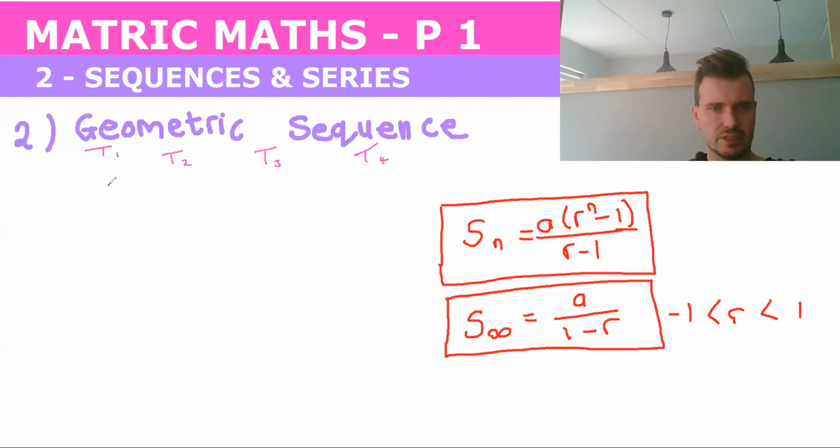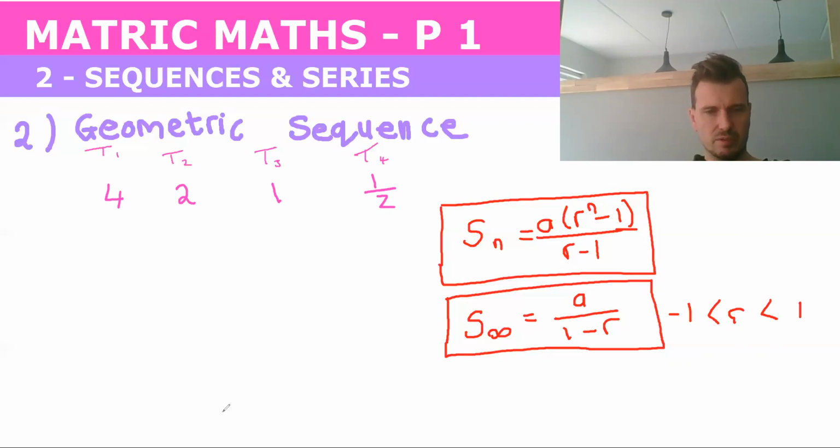Okay, so let's say it's going 4, 2, 1. What's happening is this is going downwards. So we see the numbers actually getting smaller and smaller.